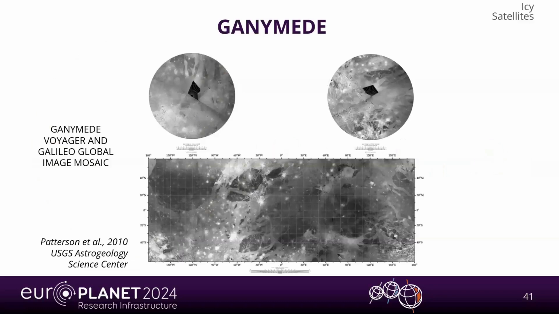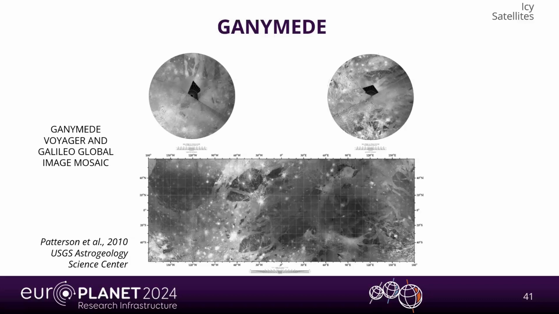Ganymede has been imaged mostly by Voyager and Galileo missions that globally cover its surface and allow, of course, to produce a global mosaic based on images in the visible light that show two main terrains that characterize the icy surface of Ganymede, which are the dark terrain and the light terrain.